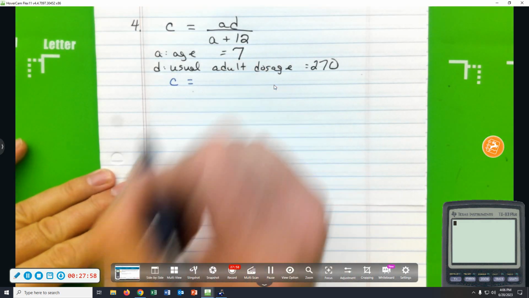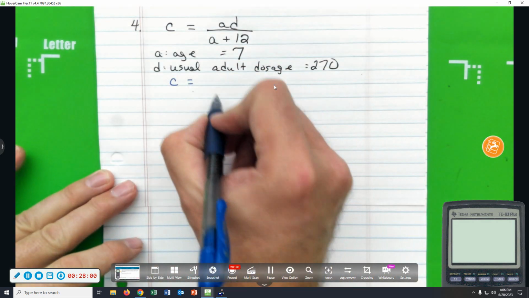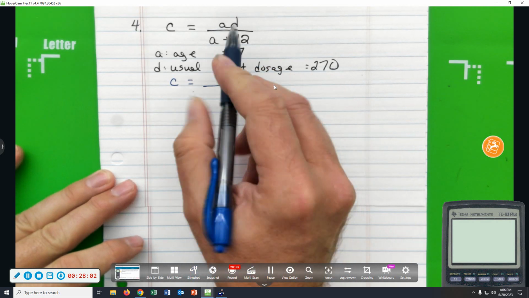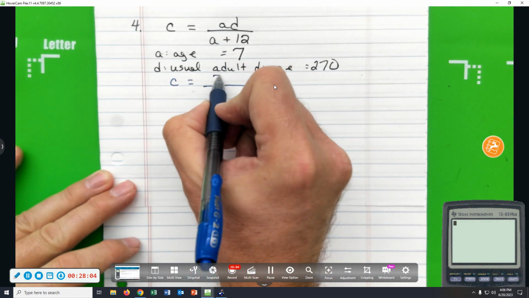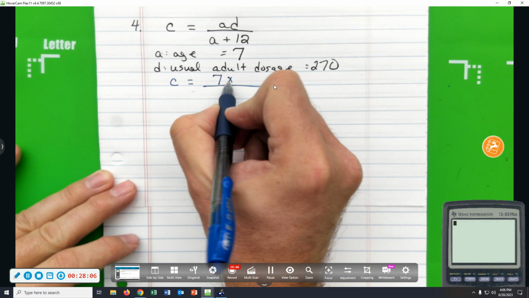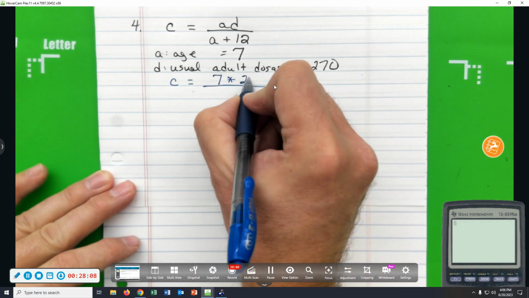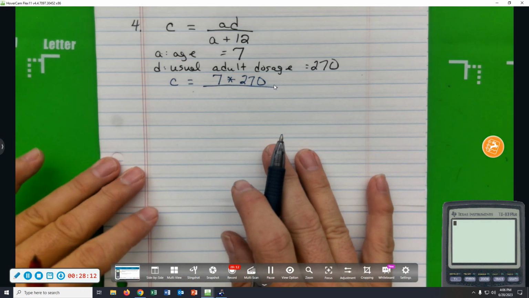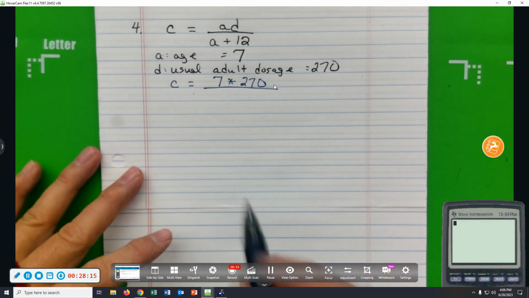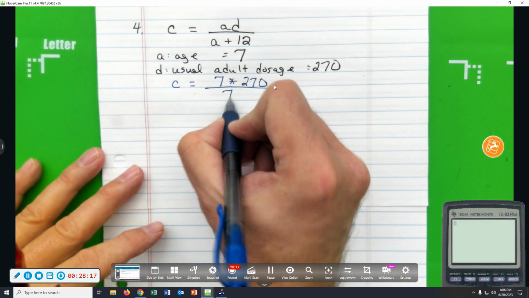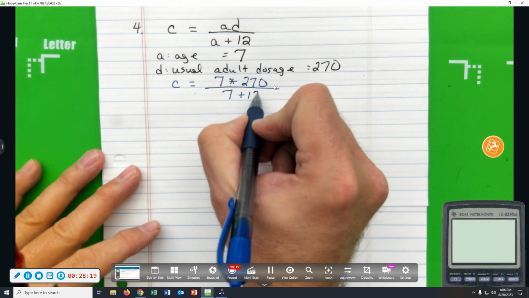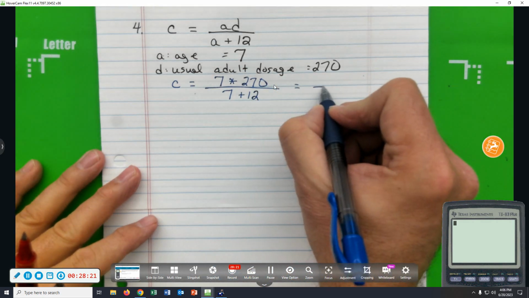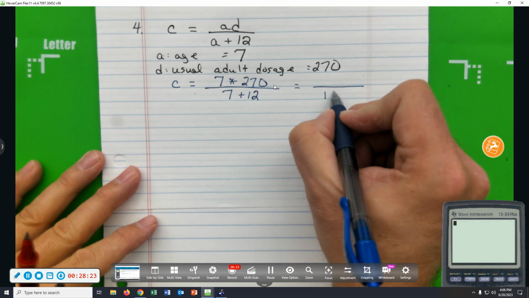So C equals A times D. That would be 7 times 270 divided by A plus 12. Now the 7 plus 12, we can go ahead and do that in our head and say 19.